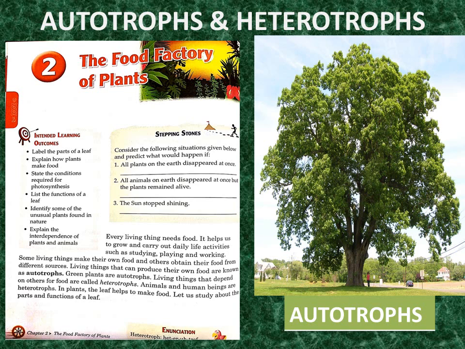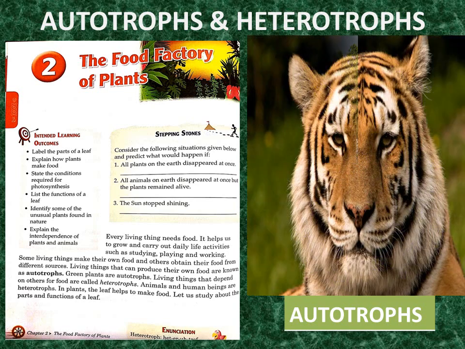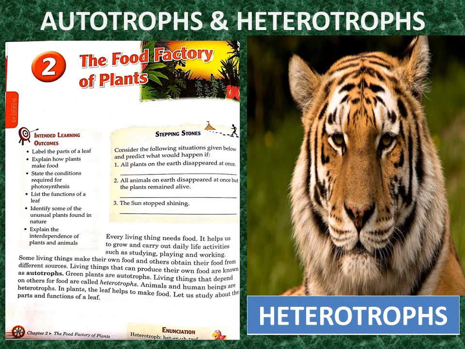And living things that depend on others for food are called heterotrophs. All the animals and human beings are heterotrophs because we depend on others regarding our food. We get a major part of our food from the plants. But does a plant ask you for its food? No, it can make its own food by itself. So they are autotrophs and we are heterotrophs.